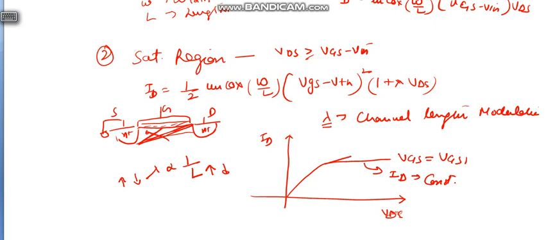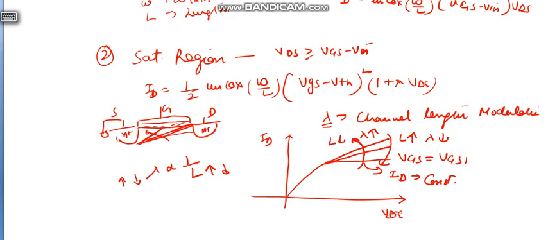So in this direction length is reducing and lambda is increasing, and in this direction length is increasing, lambda is reducing.